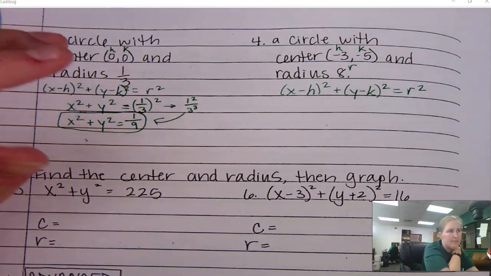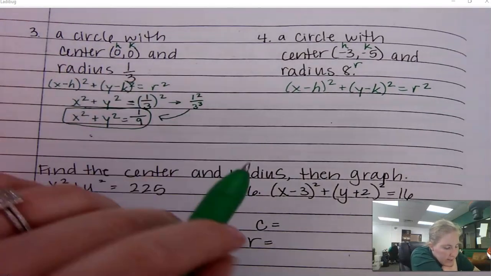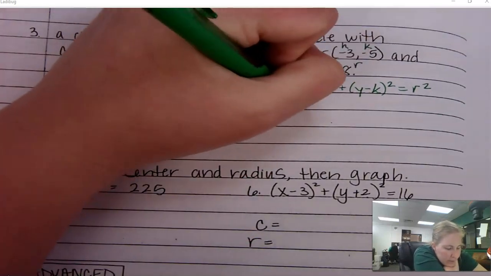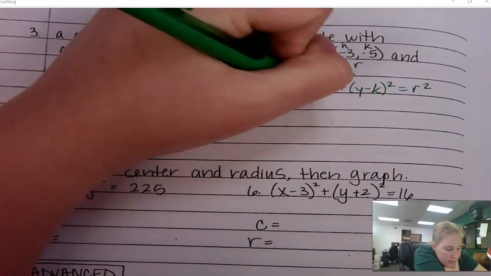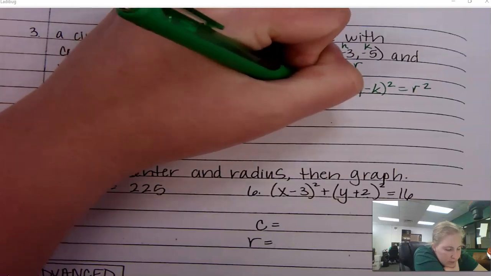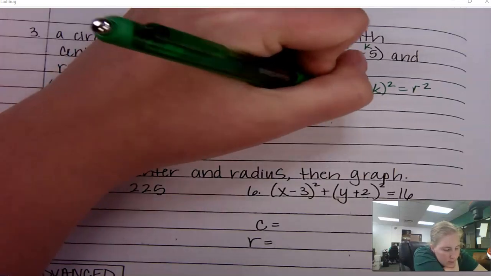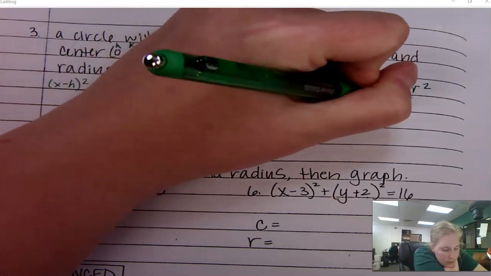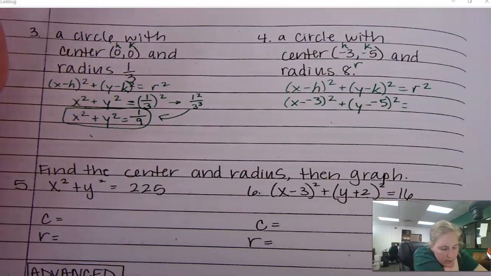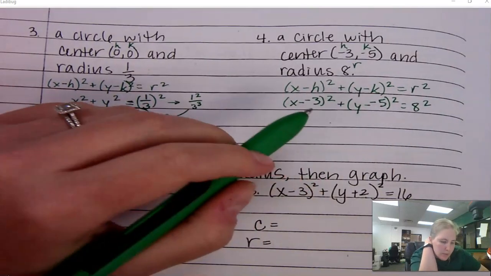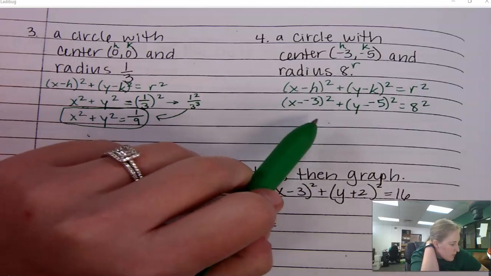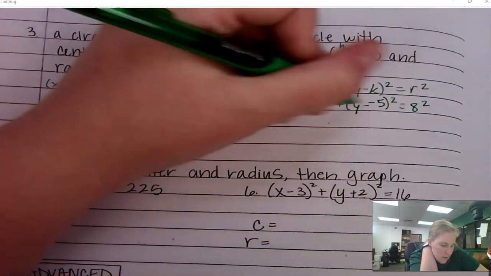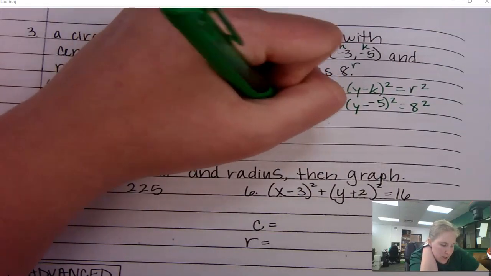So remember what we talked about last time, where we changed the sign. Because what happens is you have X minus -3 squared, and Y minus -5 squared. And the radius is 8 squared. So you don't have to write this every time. I'm just showing you that when you have two negatives, you want to turn that into a positive.